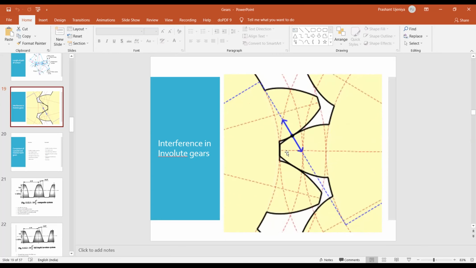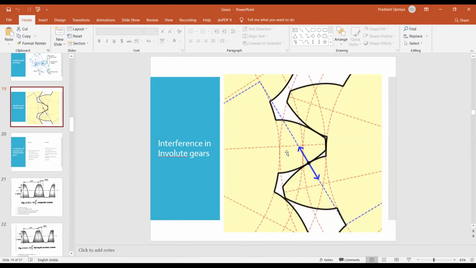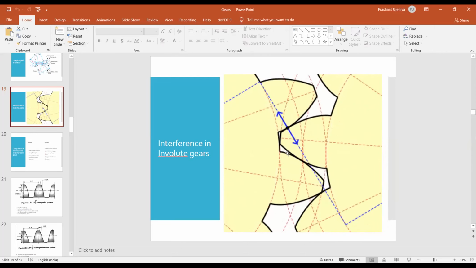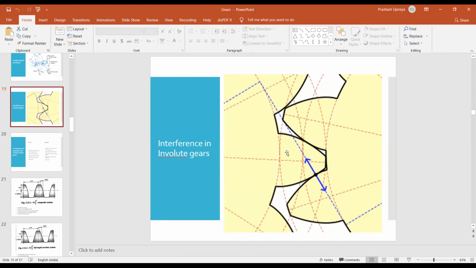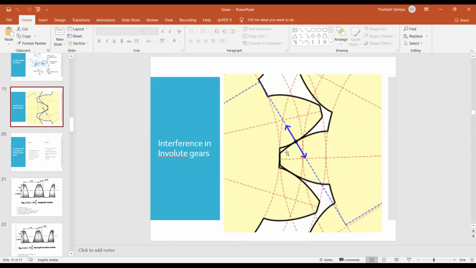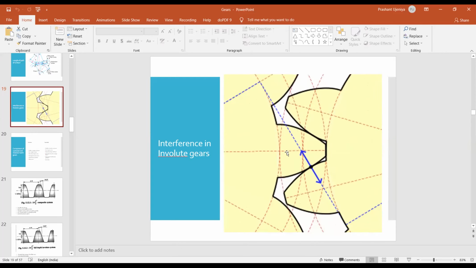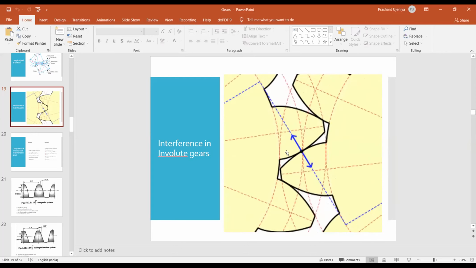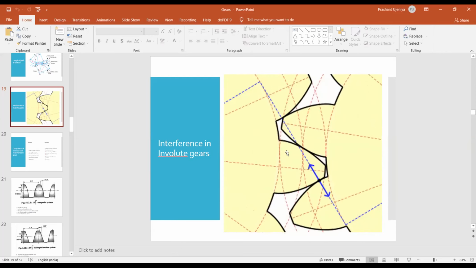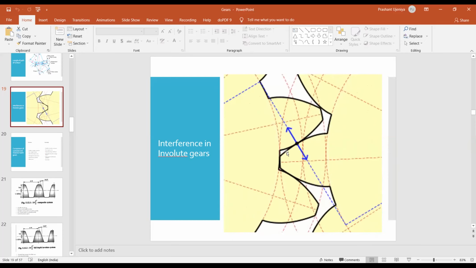So interference in the gear, right? What we have seen up to here: we have completed low gearing, then sliding velocity of the gear, length of path of contact, arc of contact and contact ratio.